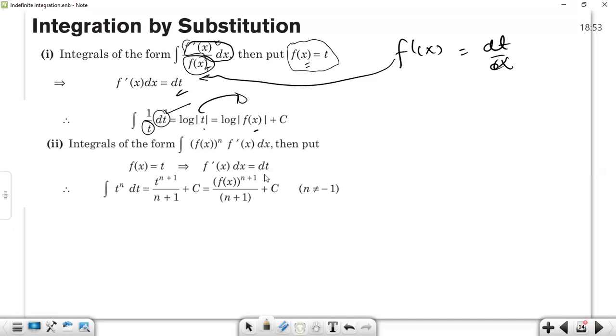Yes, sir. Here also it is somewhat similar. You'll be able to better understand it when we discuss examples.